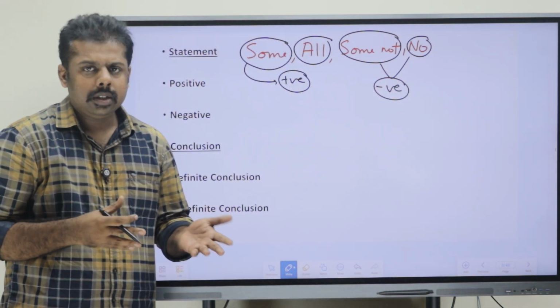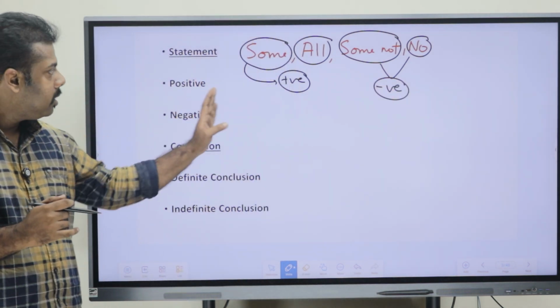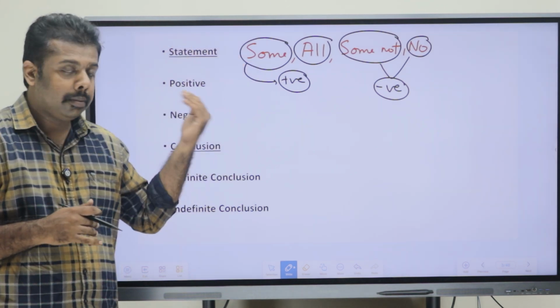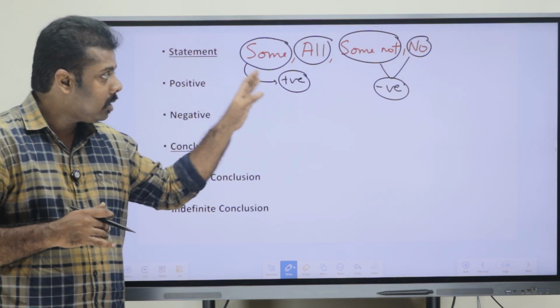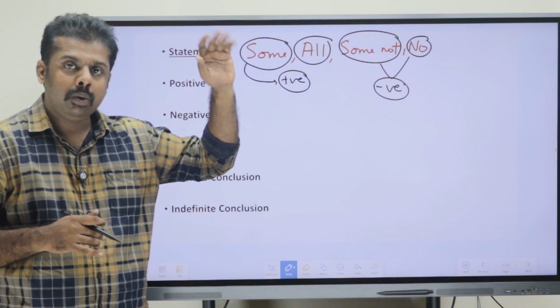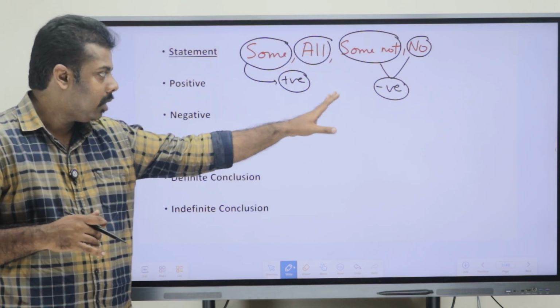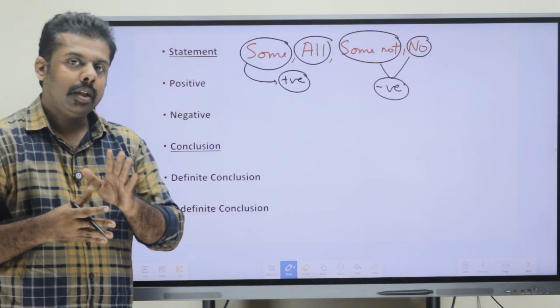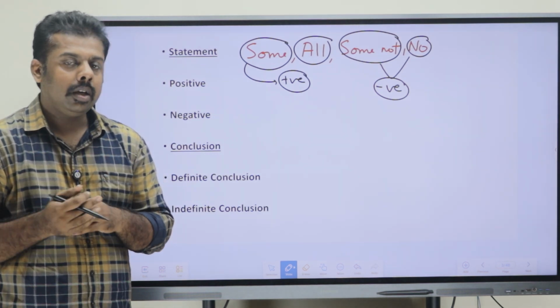Okay, so it is easy to understand. If the statement is starting with some and all, it is a positive statement, and if it is starting with some not or no, in either of the cases, it will be called a negative statement. Okay, so that is an important thing that we need to understand.